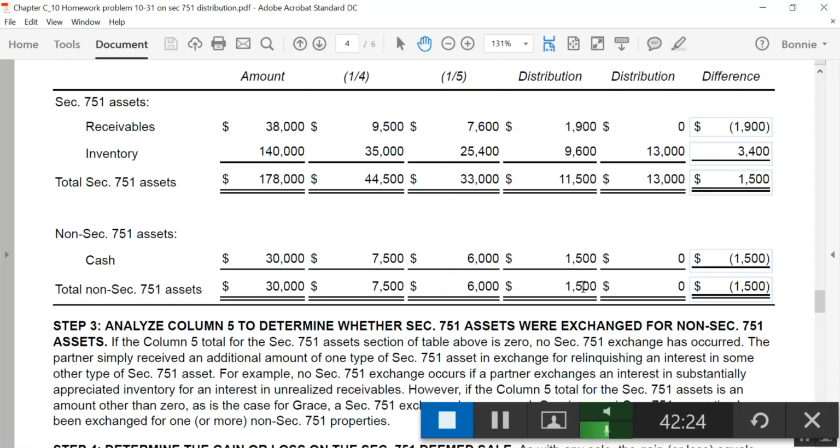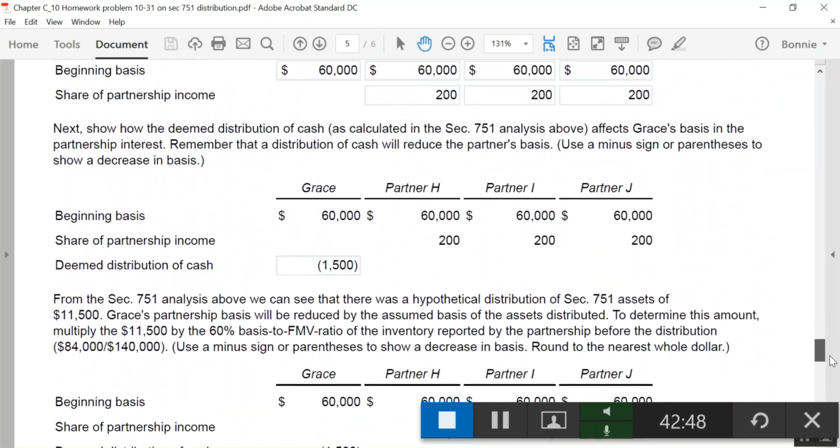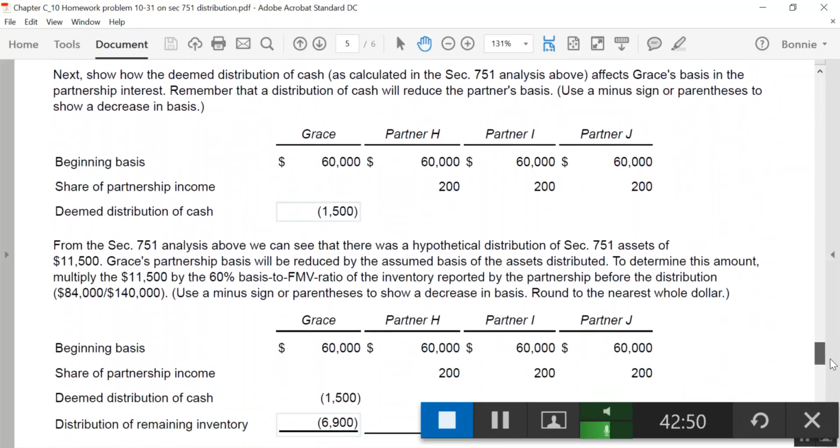Her hypothetical distribution of cash is 1,500, and her hypothetical distribution of the inventory is 11,500. Notice they've included the hypothetical distribution of the receivables, and I think that's because the receivables are included in the definition of inventory under 751.